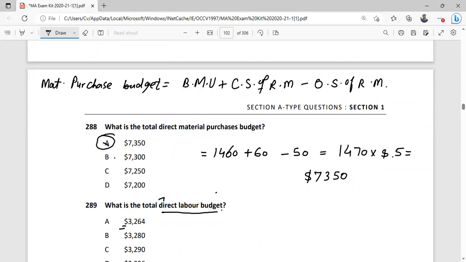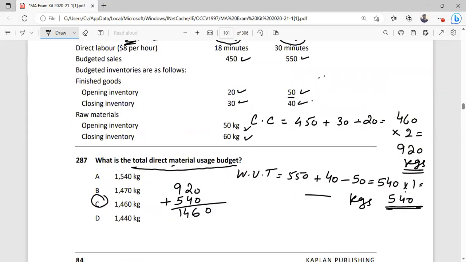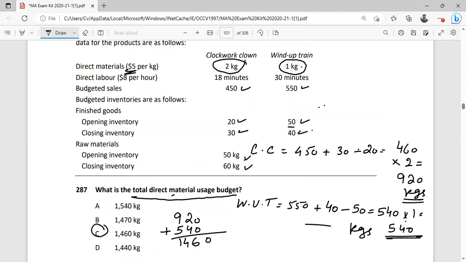Then we have total labor budget. In dollars, it means total labor cost budget. So we will calculate budgeted labor hours. Budgeted labor hours are basically 18 minutes for this product and 30 minutes for this product. And budgeted production units, we have already determined that 460 units are needed for one product and 540 units are needed for another product.